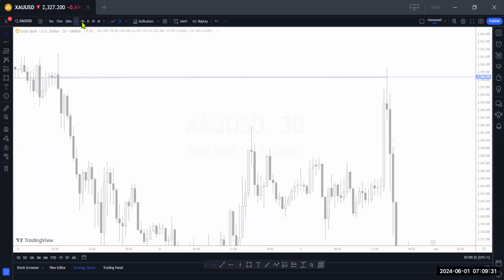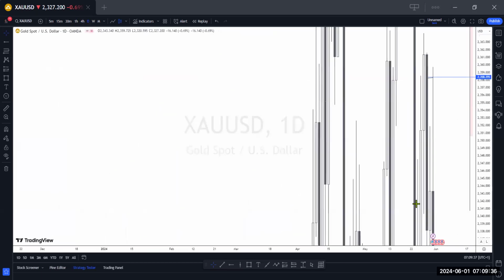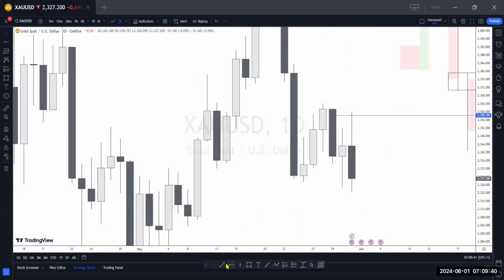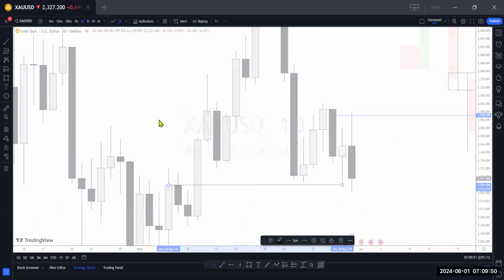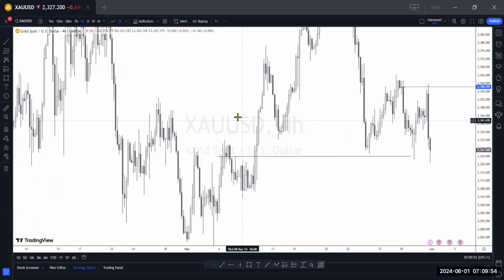So that's why when you mark a daily level, for example, this daily level, price comes and taps at this point. At this point, when price tapped, the ideal thing for me to do is go to H4 and look for H4 MTF. If I don't get an MTF, that's a different story.